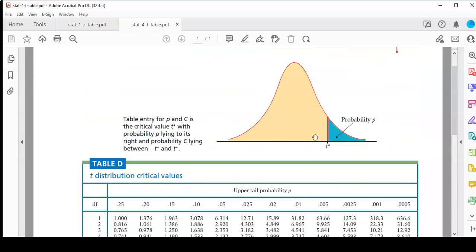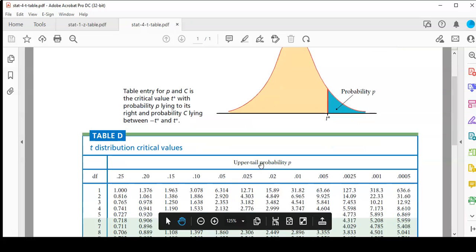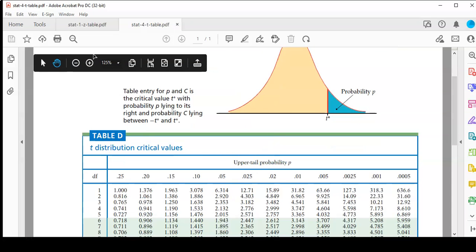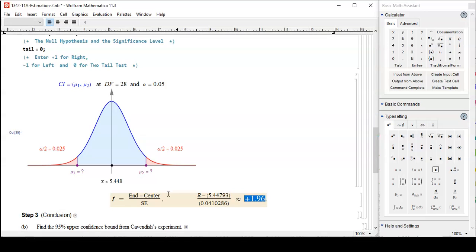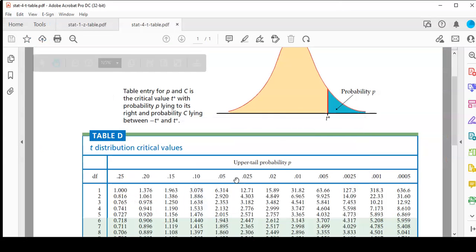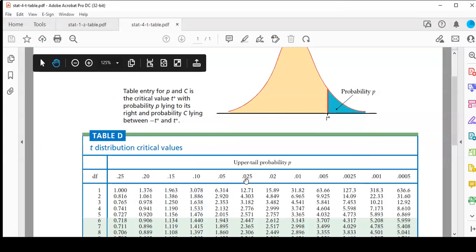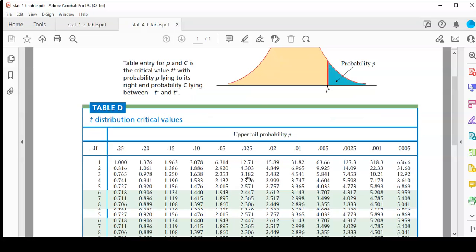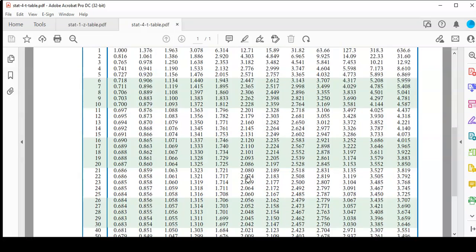Now, for the probabilities here, the upper tail probability of 2.5% is the one we are looking for. Let's go to this picture here. 95% here, so 2.5% to the left, 2.5% to the right. I need 2.5%, this column, and for the degrees of freedom of 28. Let's go down, down, down.